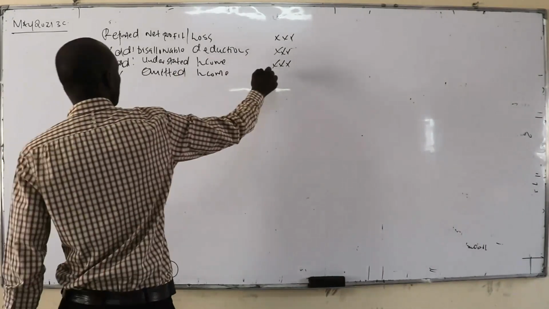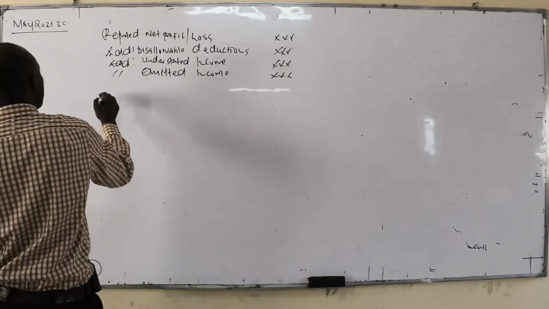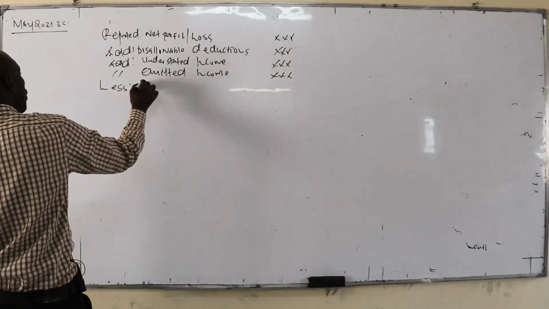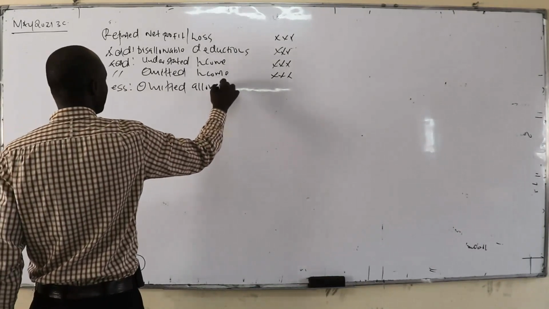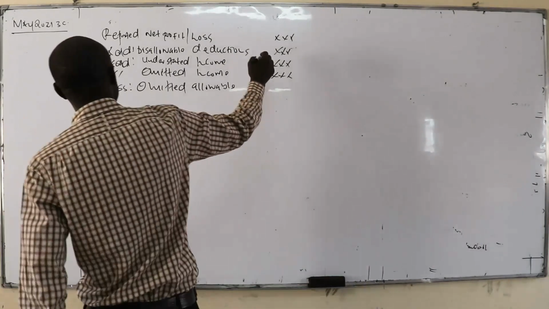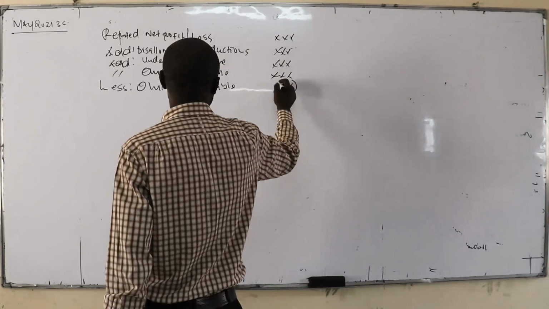So the question will tell you. And then you less omitted allowable expense. If there is any expenditure that was supposed to be allowed and it was not, you will deduct.